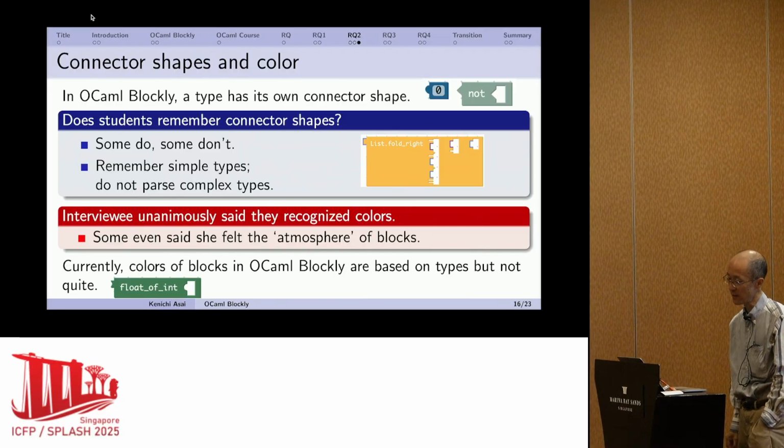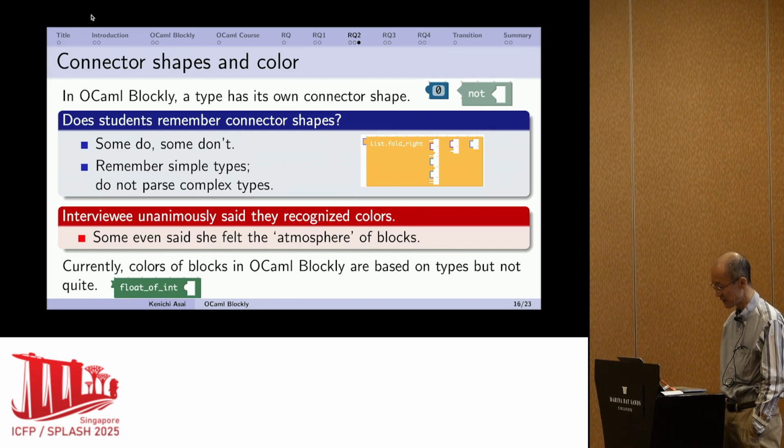And interestingly, a vast majority of interviewees said they recognize colors. So some of them say they feel something from the color. Okay, that's warm, or I don't know. So currently colors of OCaml Blockly are based on types mostly, but not quite.